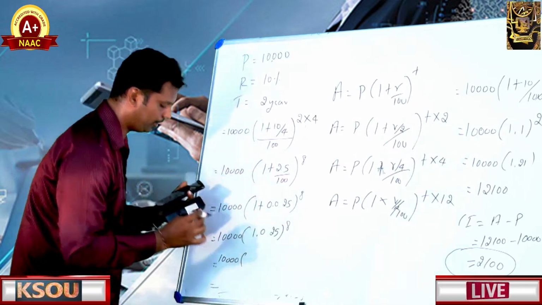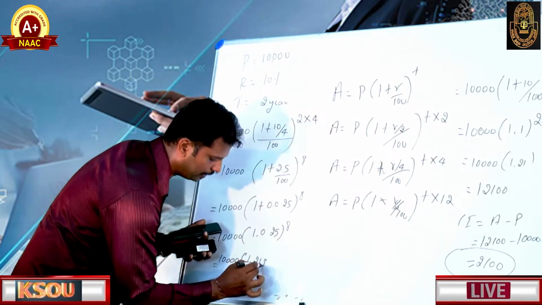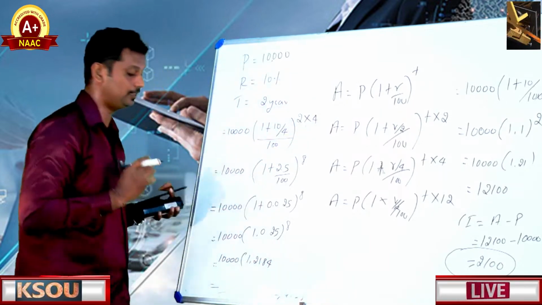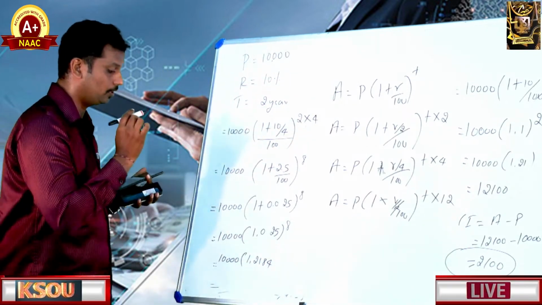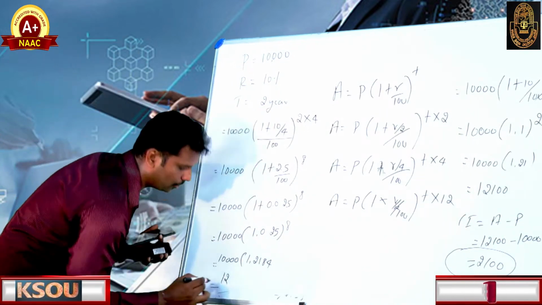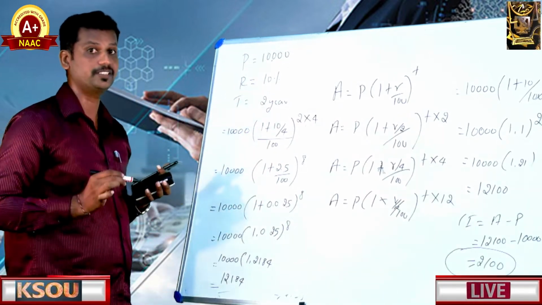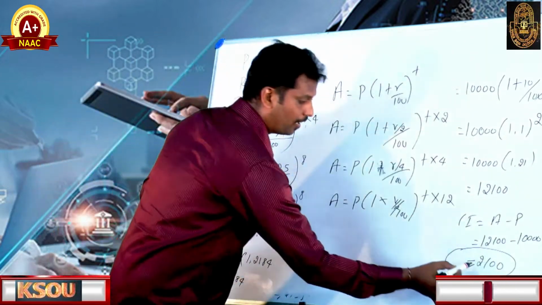So the value will be 1.2184. The value will be 12,184 rupees. So this is the annual basis.